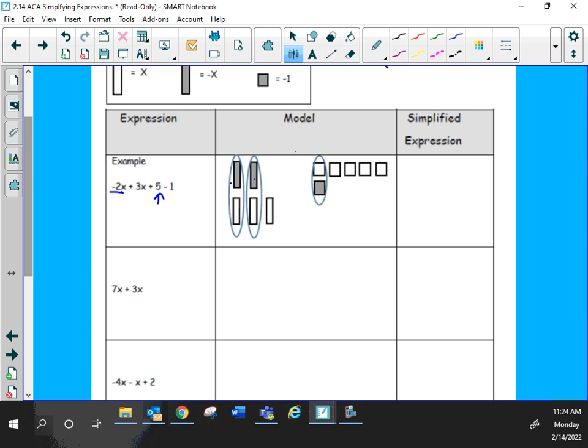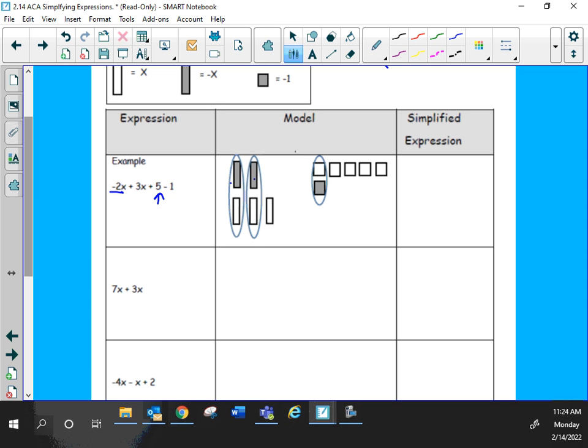So there's 5, and then minus 1 is also a negative 1. If you remember the counters at the beginning of the year, a positive and a negative give me a 0 pair, a pair that adds up to 0. So they've circled any 0 pairs, and let's see what we have left over.